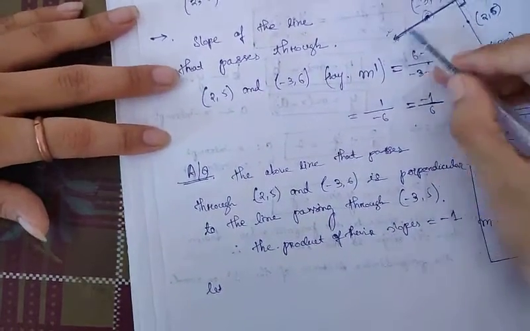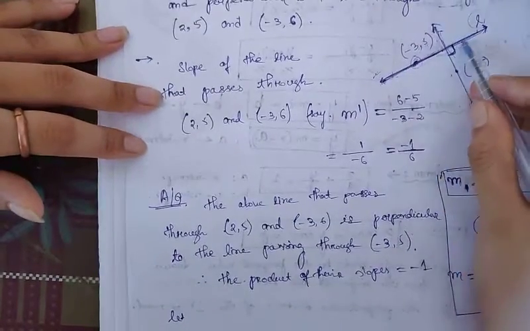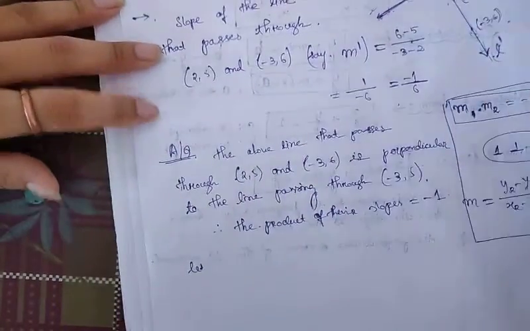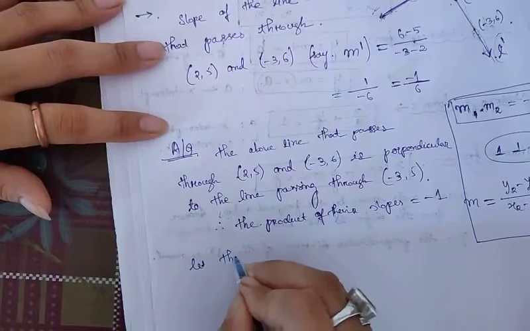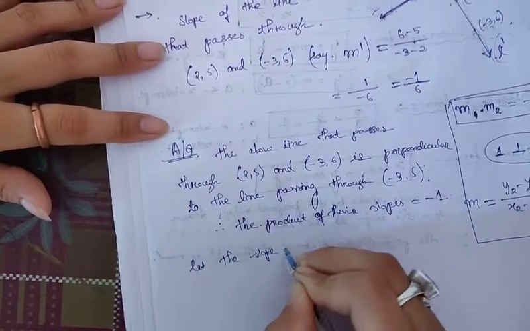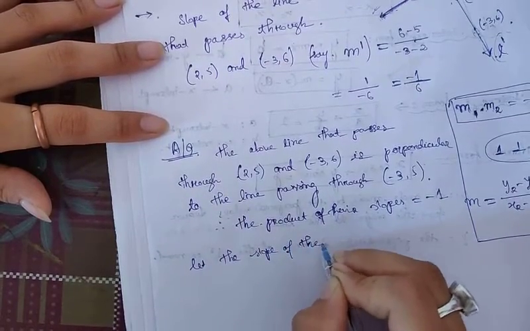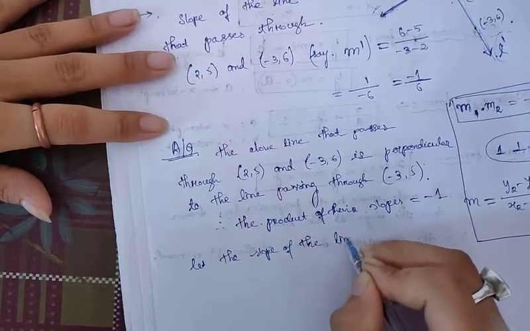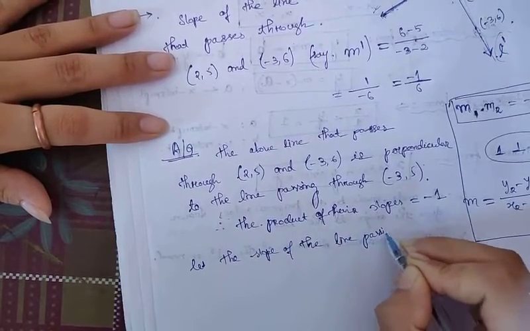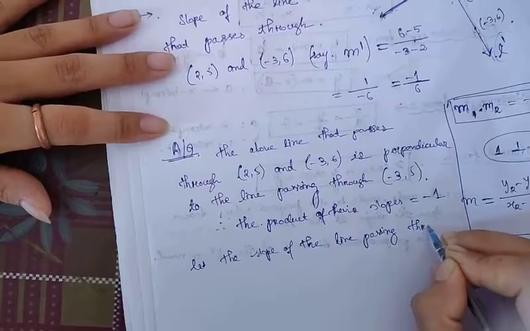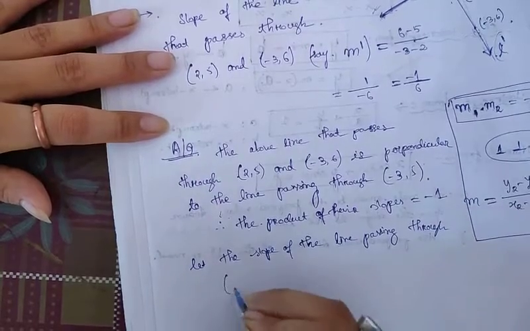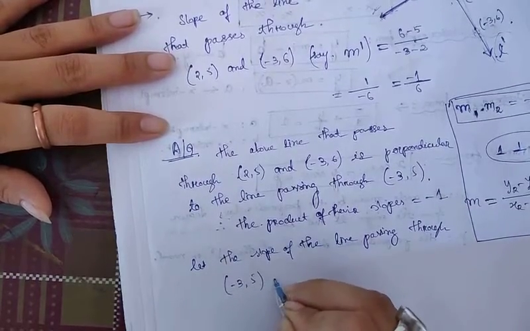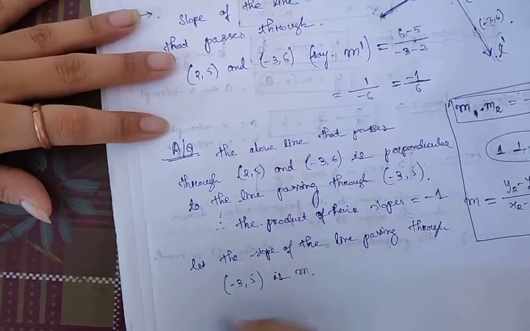We consider the slope of this line is m. Let the slope of the line passing through minus 3, 5 be m.